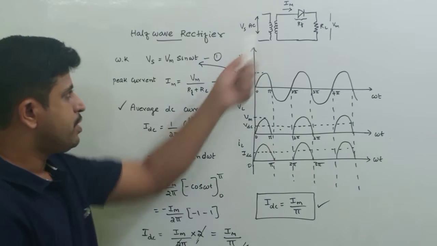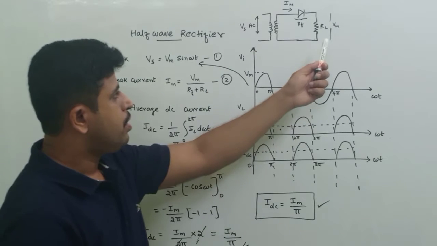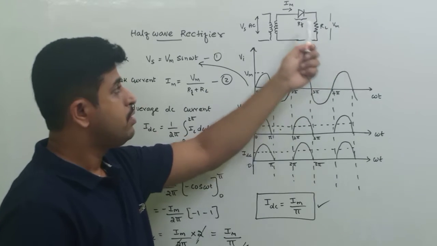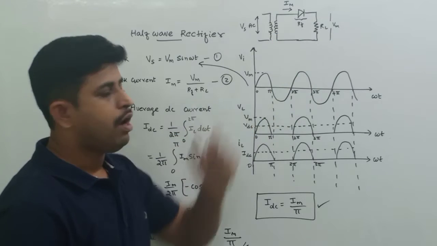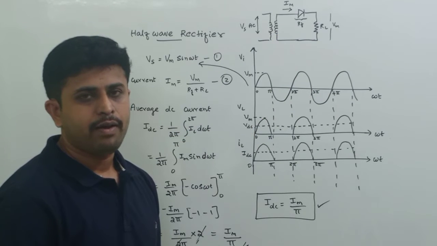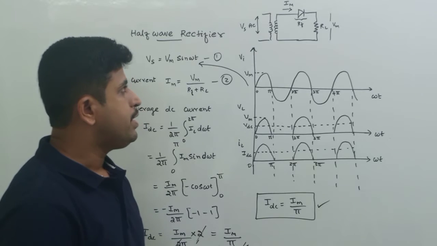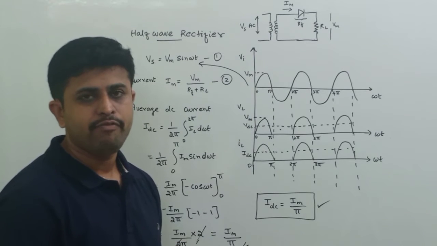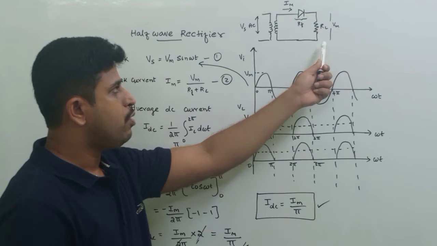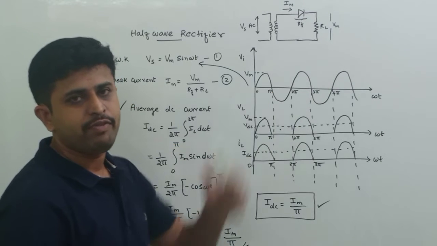Now from the circuit, if we are finding the current through this half-wave rectifier, let us say Im is the maximum current flowing through this circuit, then the voltage across RL will be Vm.